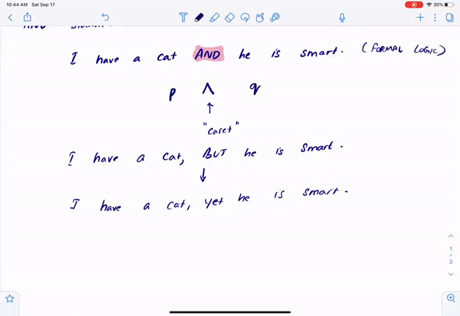So I'm just trying to make connections to what we would do in English. Again, when I say I have a cat, yet he is smart, I'm making an assumption that the listener is going to think that my cat is dumb. So I jump to a conclusion and say, I have a cat, yet he is smart. So I'm trying to imply I have a cat and he is smart.